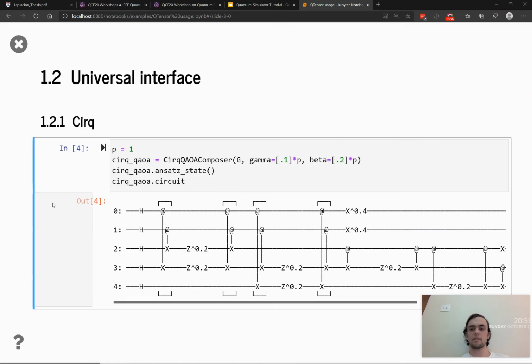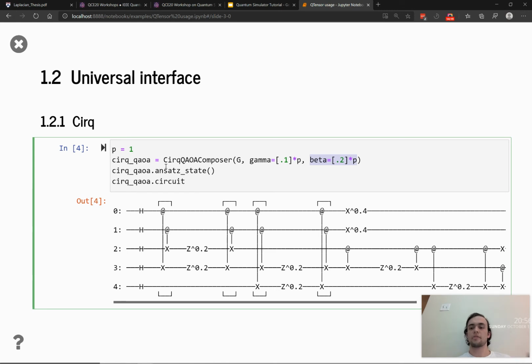They basically just swap the gates that are used to compose the circuit, and we can see that, well, first you generate a p equals 1 circuit for the ansatz state. Let's see how you provide the gamma parameters and the beta parameters.